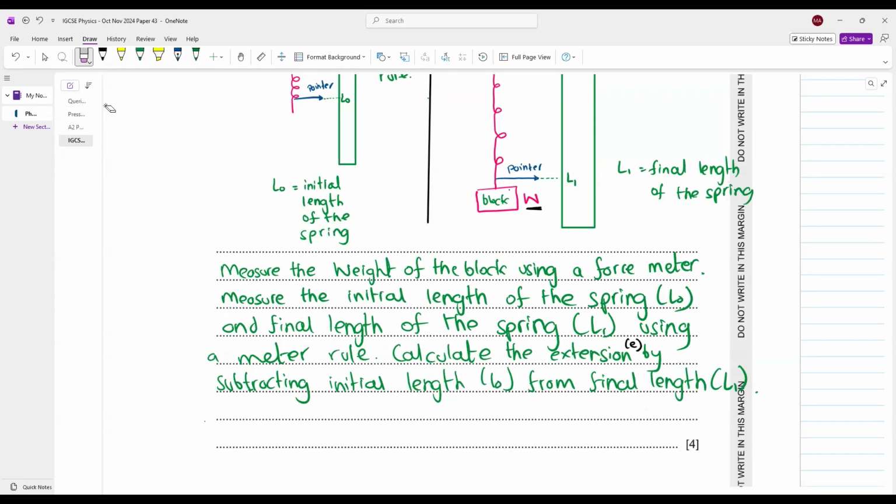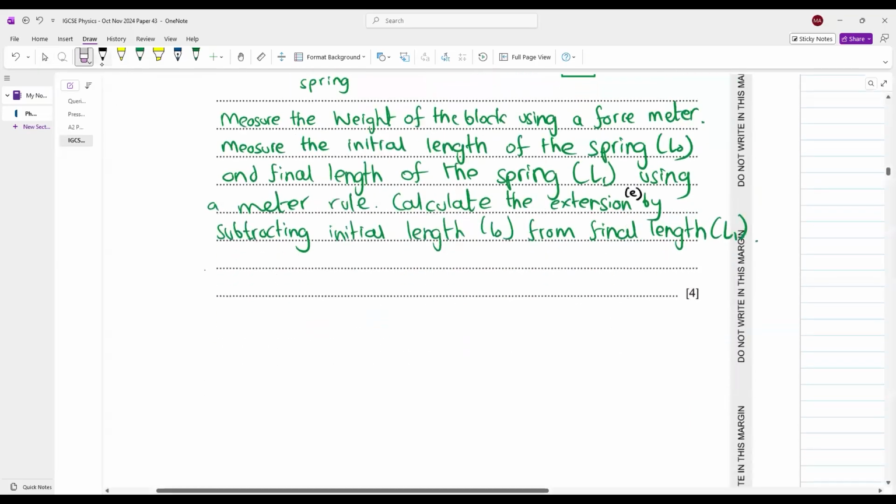So what will you say? You will say repeat the experiment. Repeat the experiment with different masses and plot a graph of force versus extension.